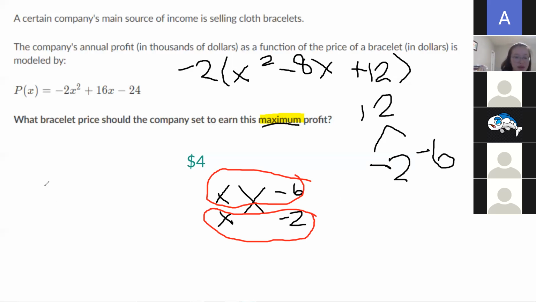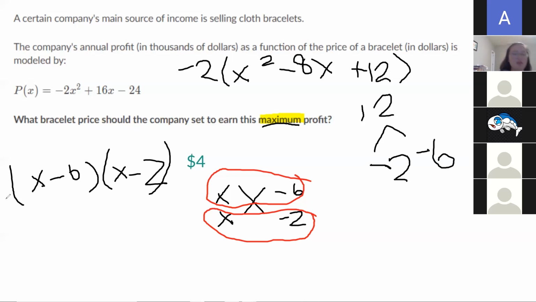So it would be x minus 6 times x minus 2, and that would give us the solutions, right? But right now we're not trying to find the solutions because we're trying to find the maximum. I kind of led you guys in the wrong direction, but this is how you would find the solution to this problem.